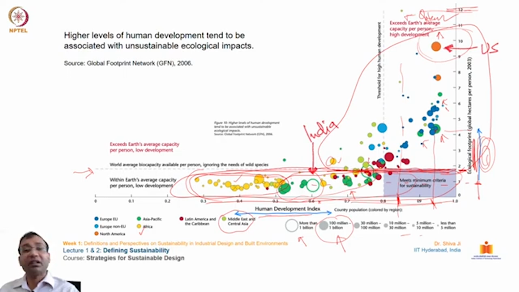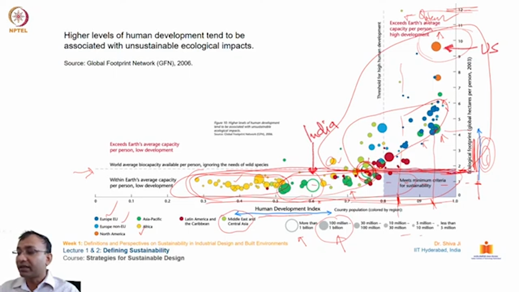And if you see the countries responsible for this, China has also crossed this threshold, and there are several other countries from this blue group, which belongs to European and non-EU countries. They have also crossed the limit of the threshold.